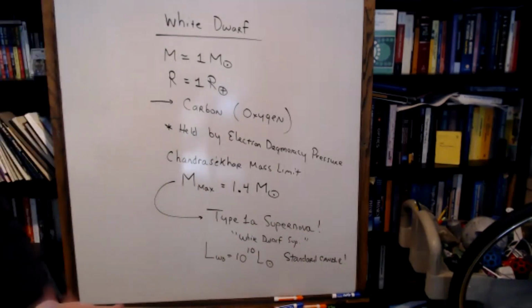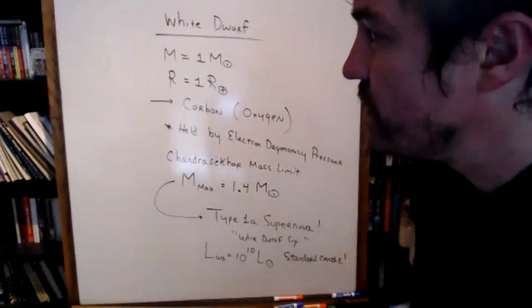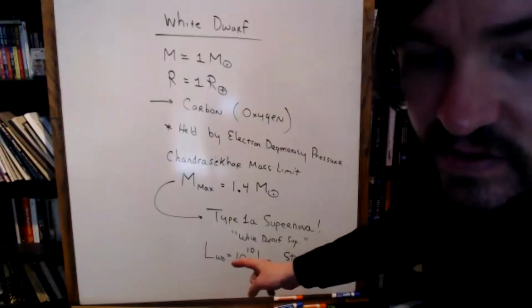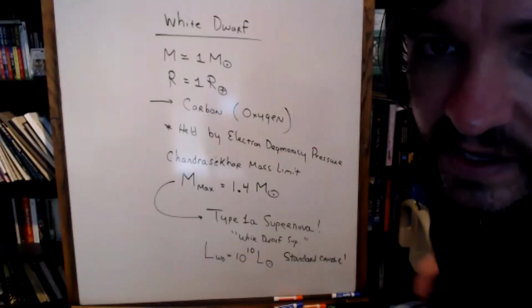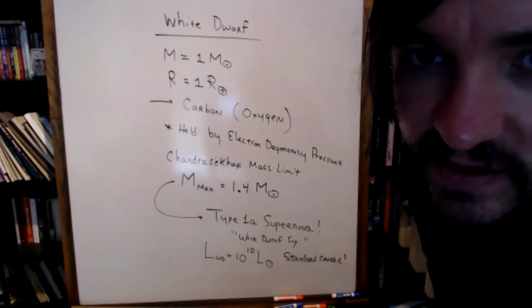A few years back, one of the Nobel Prizes in physics went to an astronomer who was studying the recessional velocities of white dwarf supernovae in distant galaxies.